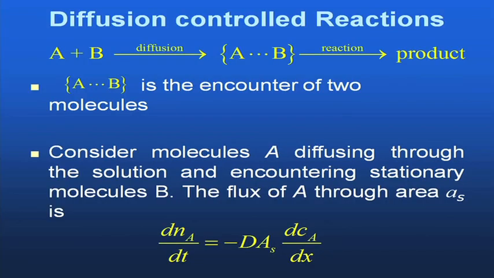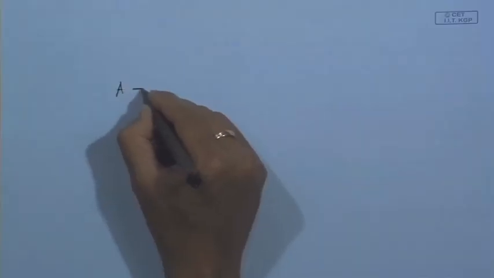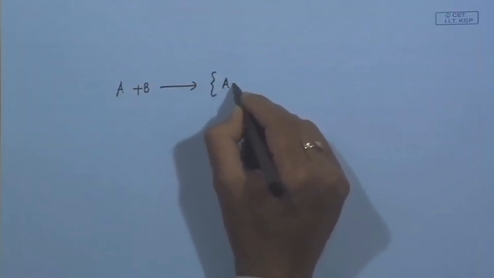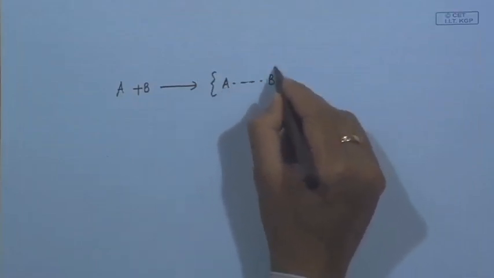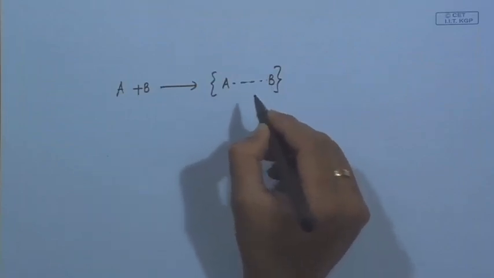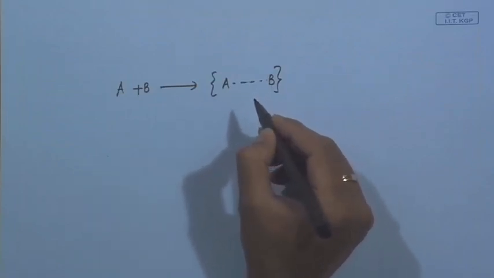So schematically it is shown like this: A plus B, by diffusion, giving rise to AB, which is called an encounter complex, or encounter of two molecules.